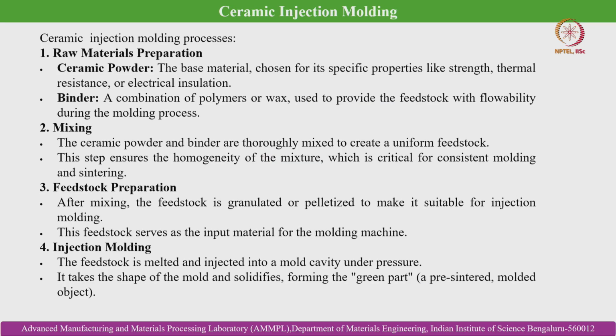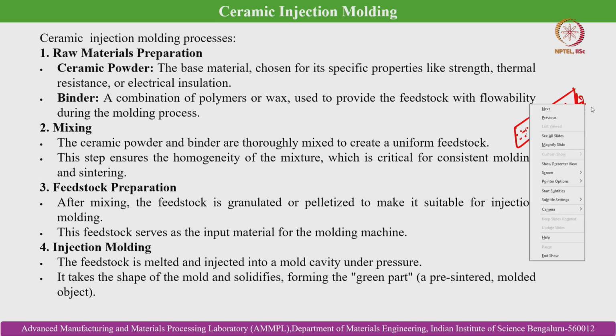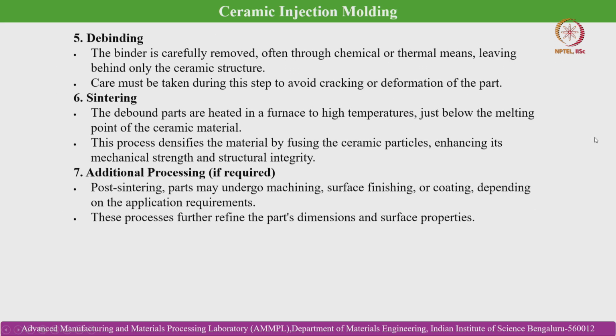So the ceramic injection molding process is basically the raw material preparation that I told you earlier also. If you consider a flow chart, this is the mixing of metal powder plus additive. In case of ceramic injection molding, it is the ceramic plus additive that is mixed.